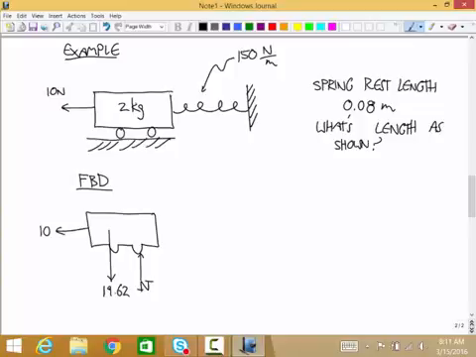And now there's the force applied by the spring. So the way we're going to represent that is we're going to assume that it's going this direction. The value is going to be 150 times the length minus the resting length.